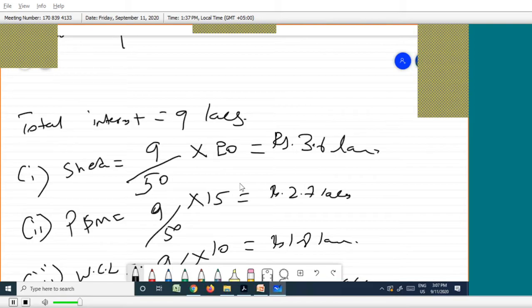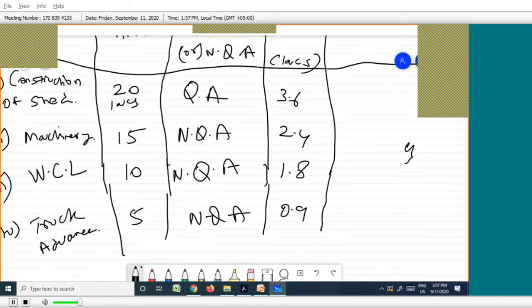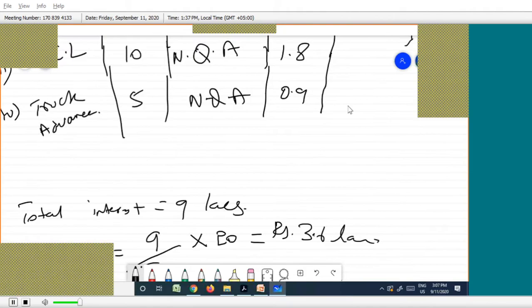If I spent on a qualifying asset, then the related interest portion should be capitalized. So in the accounting statement I should write: capitalize the interest. Okay.